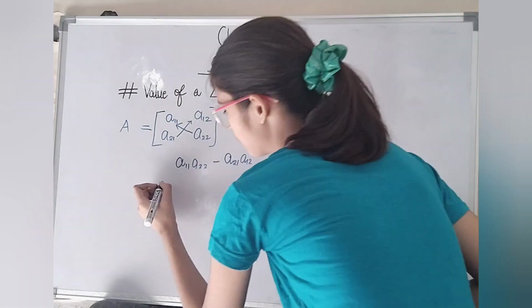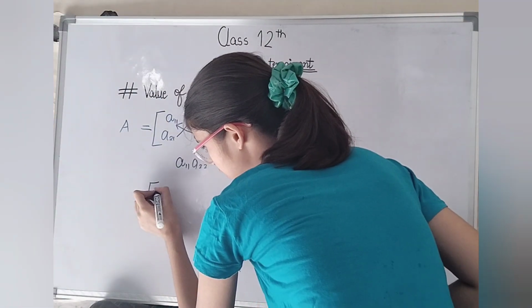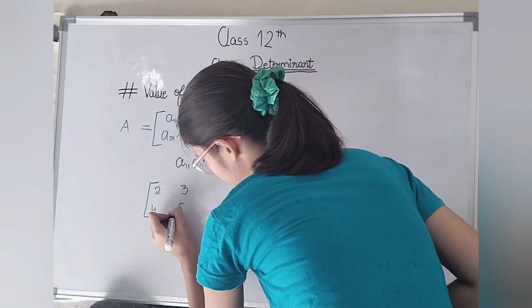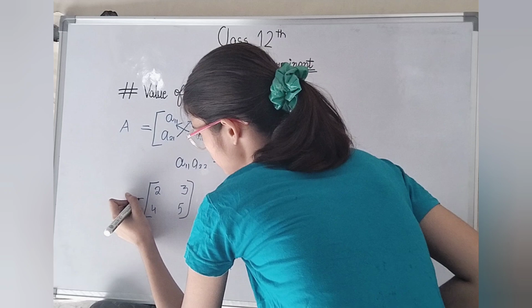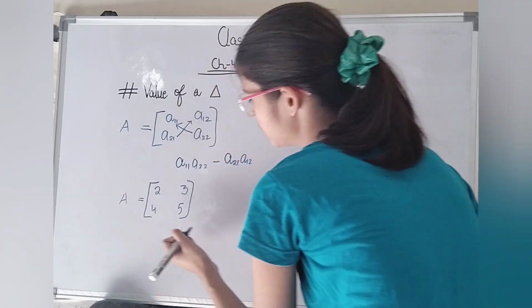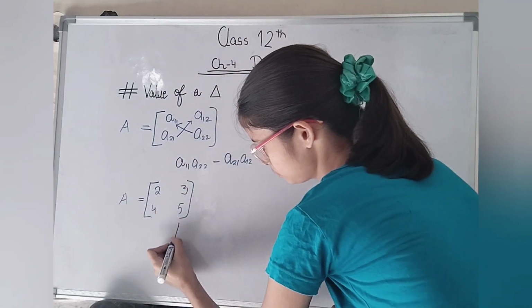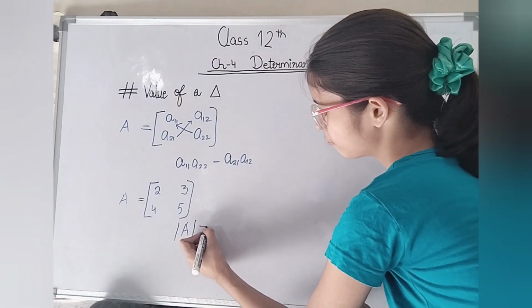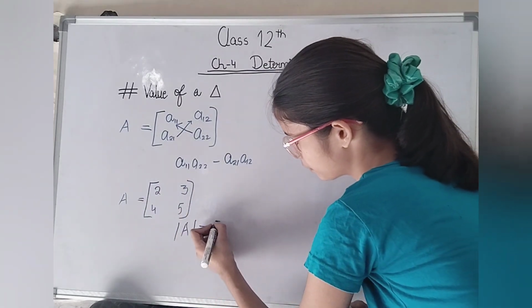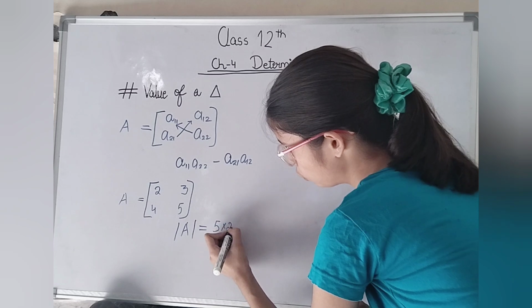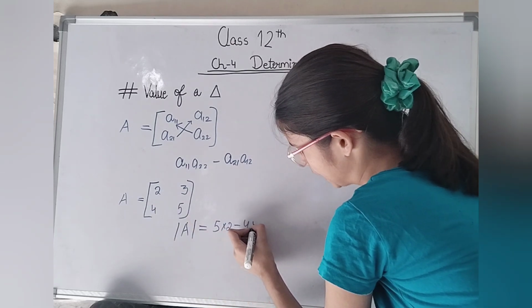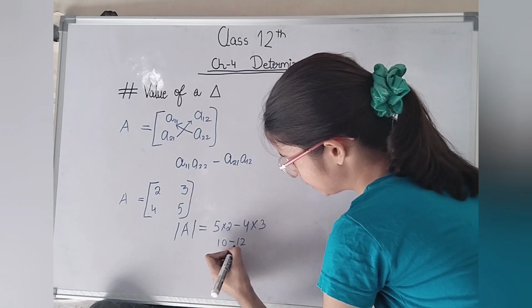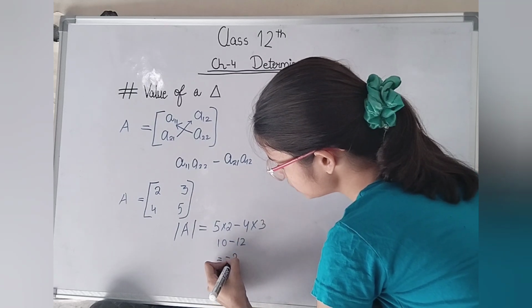Now taking an example, we are given a determinant 2, 3, 4 and 5, and we are supposed to find the value of this determinant. So the value of this determinant will be 5 into 2 minus 4 into 3, that is 10 minus 12, so it is going to be minus 2.